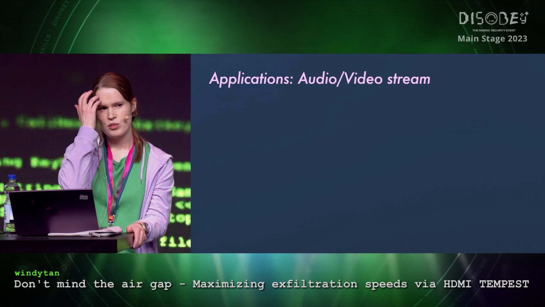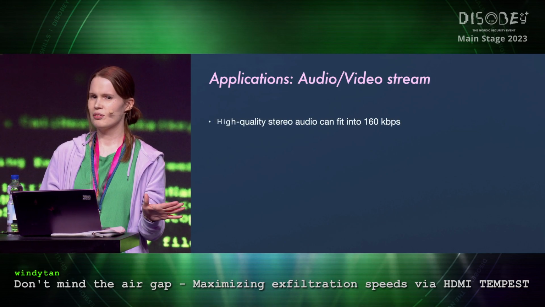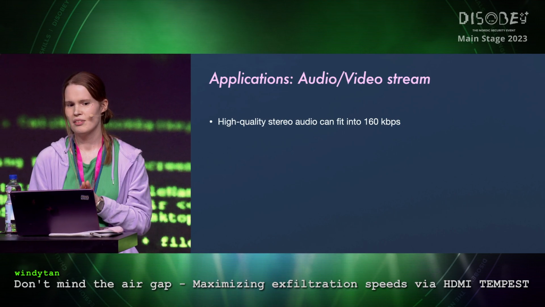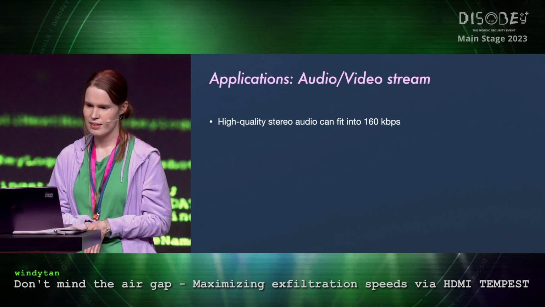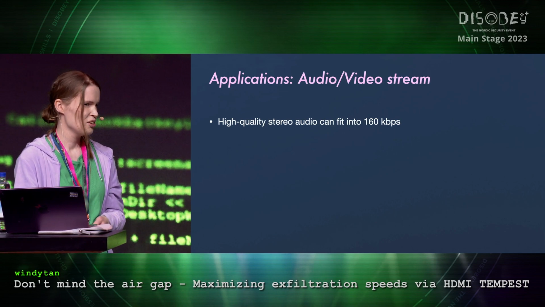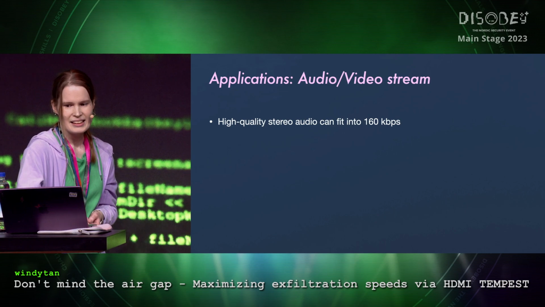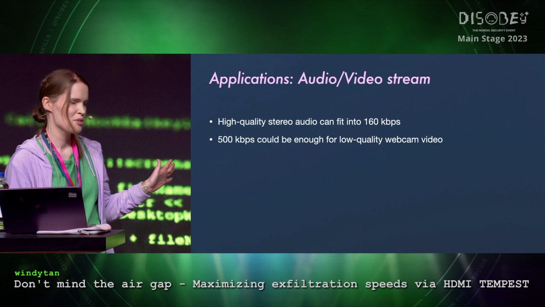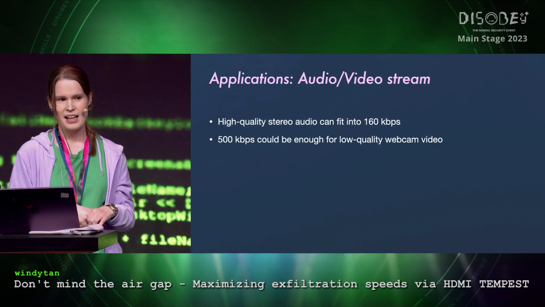Well, what about some streaming data, like audio and video? I mean, audio doesn't need that many bits per second. You can transfer high-quality music at 160 kbps. And video, you would think it needs a lot of bits per second, but does it really? I mean, 500 maybe, you could put some video through. Or you could put some static screenshots.